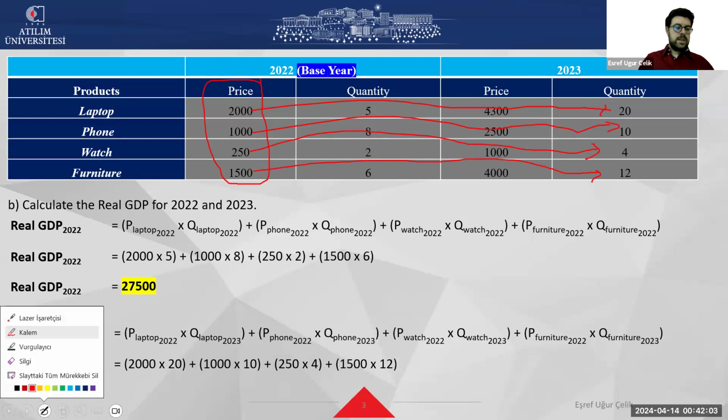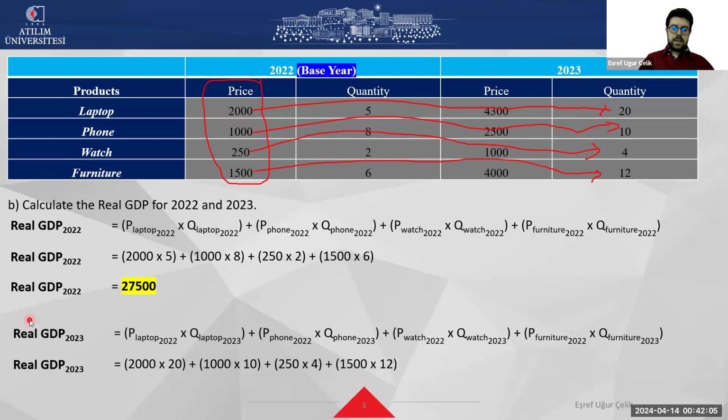Again, I take laser. So in nominal GDP 2023, we find bigger than that number. So the difference, not maybe, it comes from the price increases mostly.